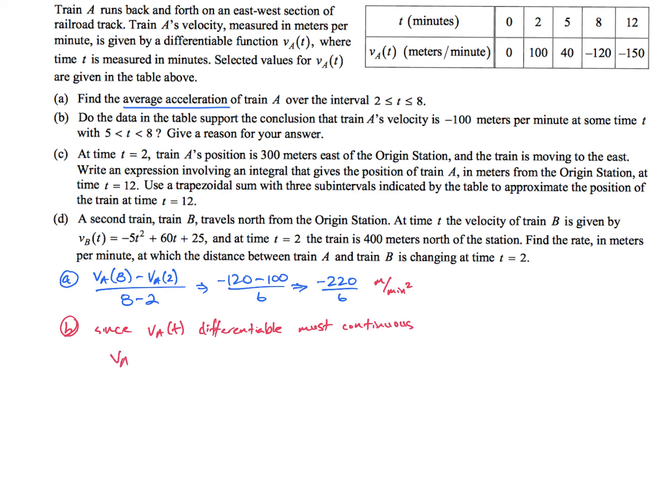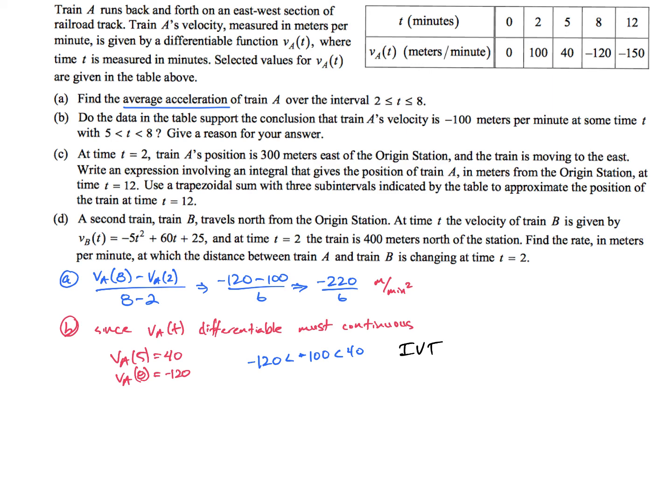V sub A of 5 is equal to 40, and V sub A of 8 is equal to negative 120. What do I need to show? My inequality. So I need to say negative 120 is less than negative 100, which is less than 40. And then what gang sign do I throw out? IVT. All right, that should be totally sufficient.